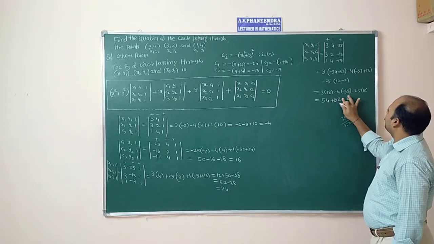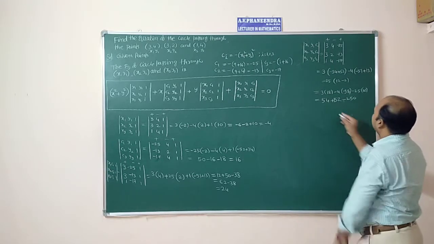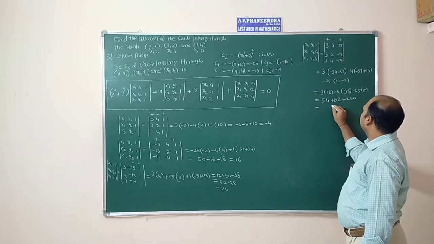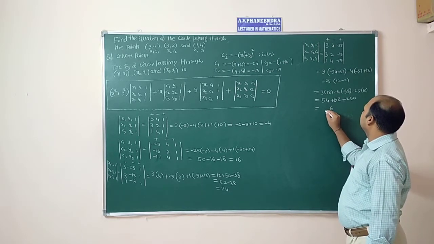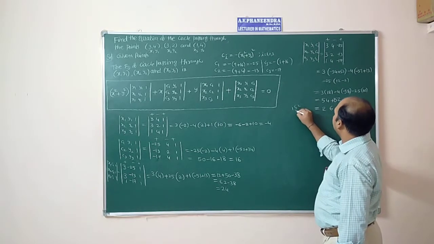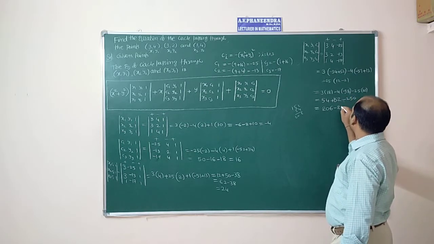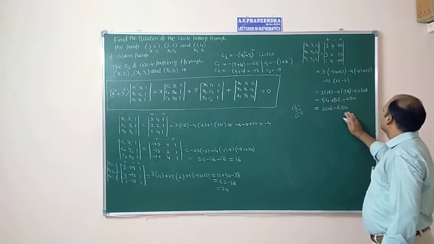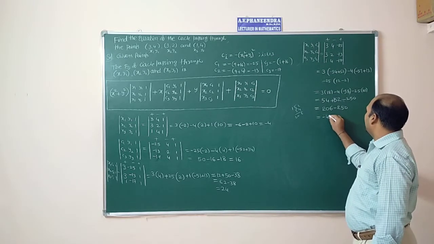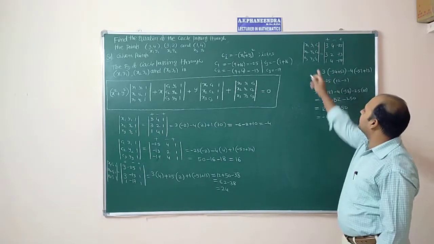So 54 plus 152 is 206, minus 250, which is equal to minus 44. This is the last determinant.